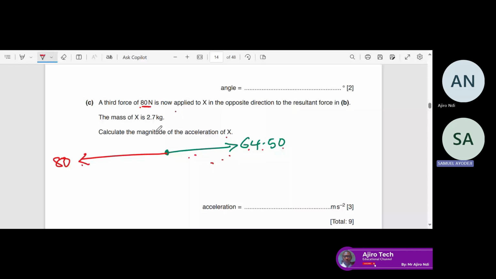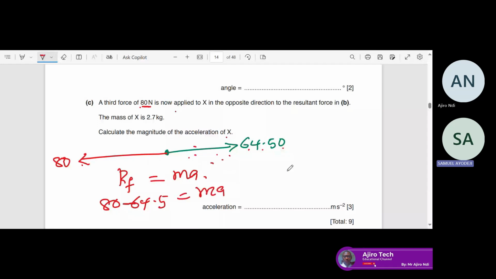So how do you now calculate another resultant for these two? You subtract. So that will give you 80 minus 64.5 is equal to MA.